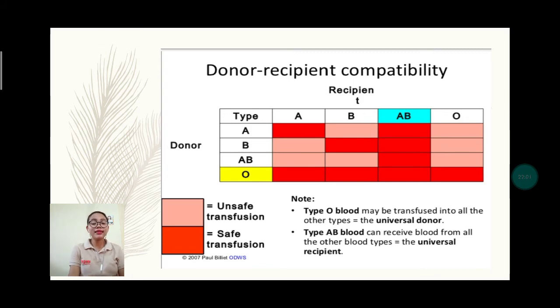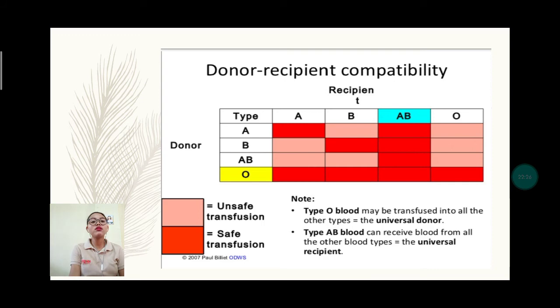While when the blood type is O, it is safe to transfuse to all 4 types of blood: blood type A, blood type B, AB, and O. So blood type O is what we call the universal donor.